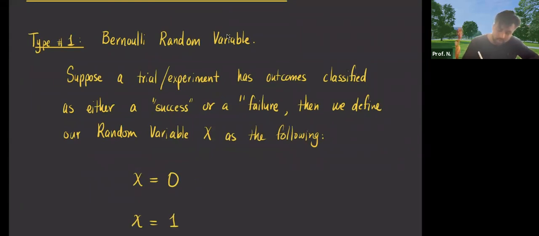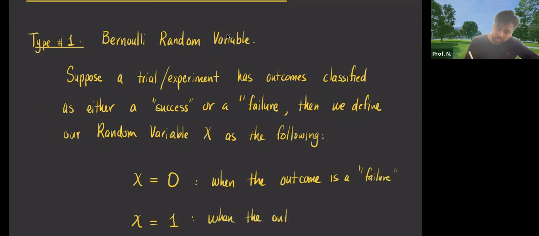And this occurs when the outcome is what's called a success, quote unquote. And when, oh no, pardon me, that's the other way around. Usually we use 0 for failure. So when it's a failure and when the outcome is a success.